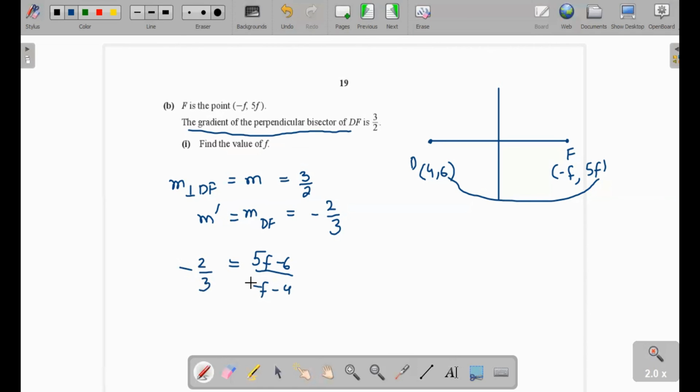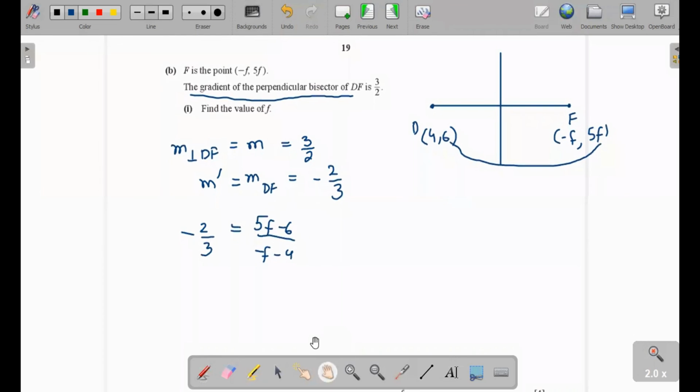Now we cross multiply: 3 multiplied by (5f minus 6) equals minus 2 multiplied by (minus f minus 4).